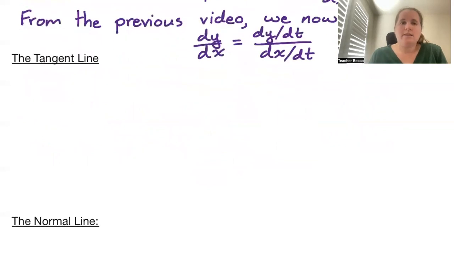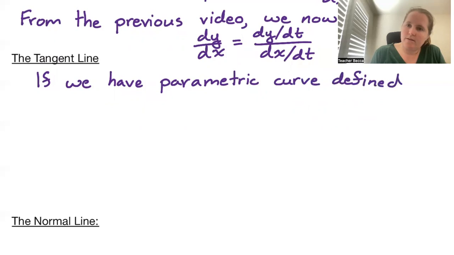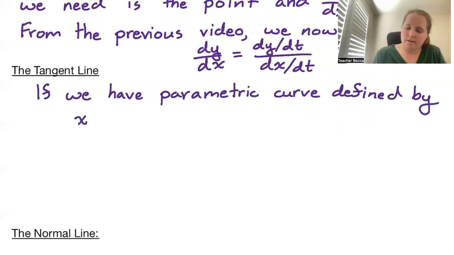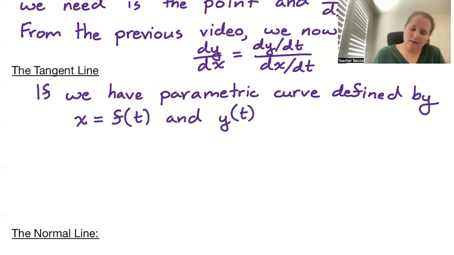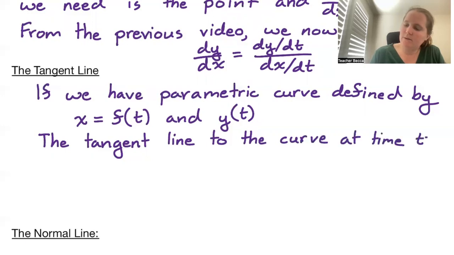So in order to find a tangent line, if we have a parametric curve defined by x equals f of t and y equals g of t, then the tangent line to the curve at time t equals t0 has slope dy dx.